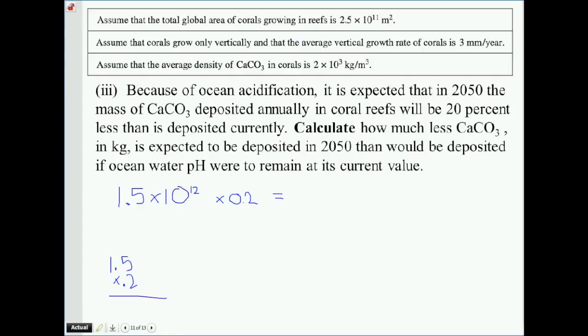So I believe it's like 0.3. So then you can get 0.3 times 10 to the 11th kilograms, or times 10 to the 12th, sorry. I'm getting ahead of myself.